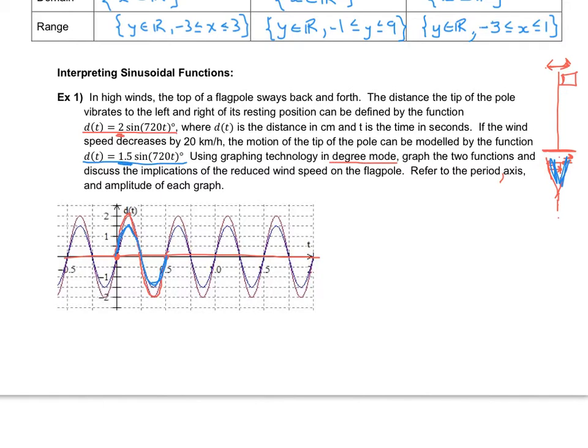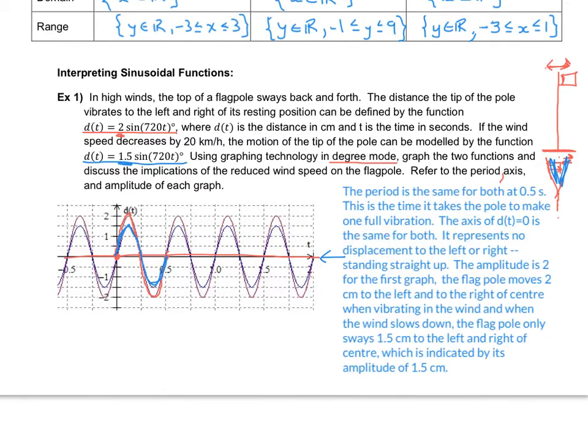The axis is the same no matter whether you're looking at the blue graph or the red graph: the straight up and down will always be your straight up and down. The axis is your normal position without that vibration to the left or to the right. So I've just summarized there the things that we were talking about in terms of those characteristics.